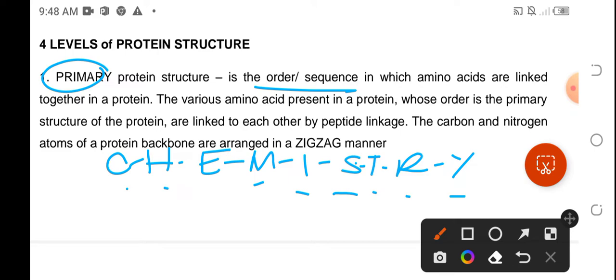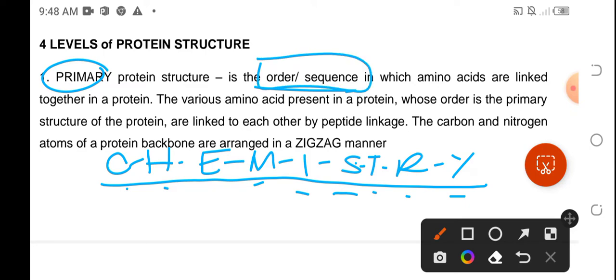Okay, so if the sequence is like this, of course, that's a property of one protein. If we are going to jumble it, of course, hindi na yun yung order niya. So, the primary protein structure just refers to the correct order or sequencing of the amino acids.